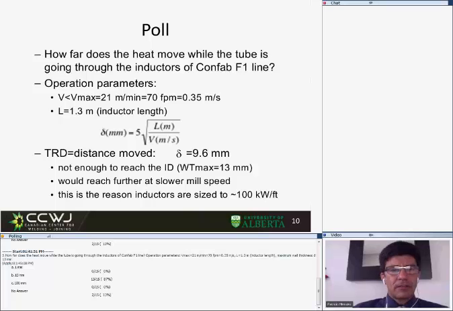If we were limited by our thermal reference depth, for example, if the electrical reference depth was also smaller than the thickness of the tube, that means we have to reduce the mill speed to give more residence time for heat to propagate, and the thermal reference depth would increase. All these things are good to keep in mind. It's not about the math, but about having this intuition about how the variables play.